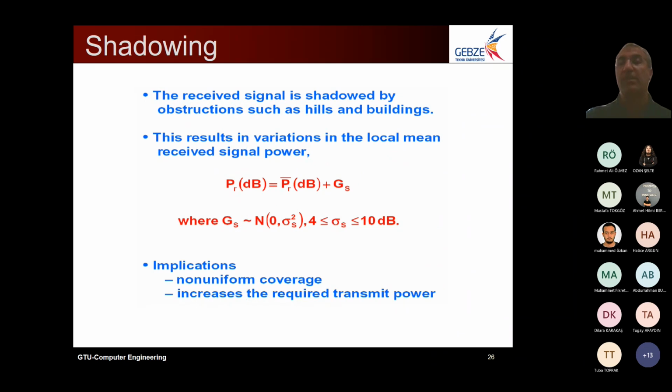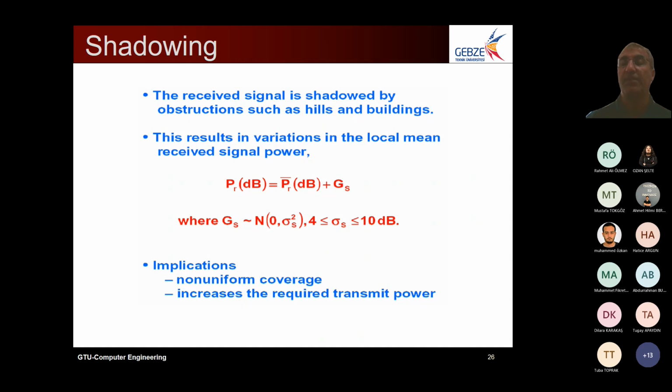There's another effect which we call shadowing. When we radiate the signal over the antenna, the signal can hit different obstructions, obstacle objects, right? Such as hills and buildings.